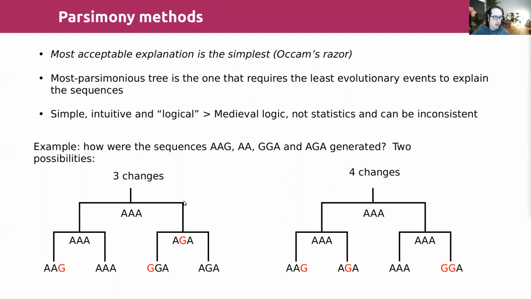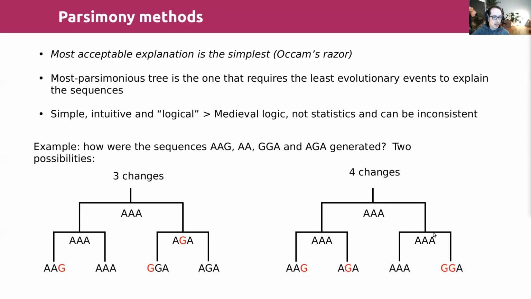But then we have it diverging with a single mutation in the middle here, and then that mutating again to give us the third sequence here, GGA. And in the process, we get two of the results, GGA and AGA, after only one change here and one change here.